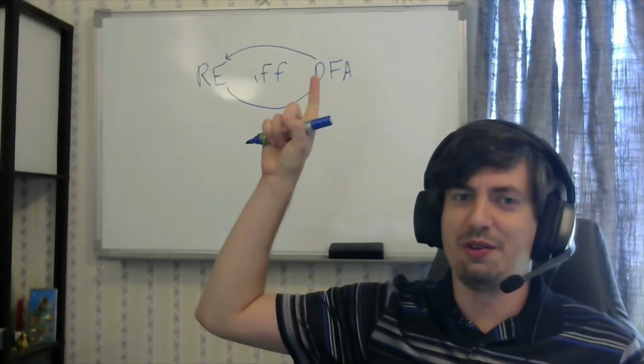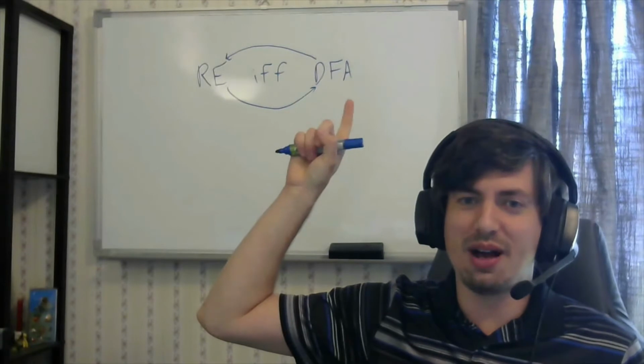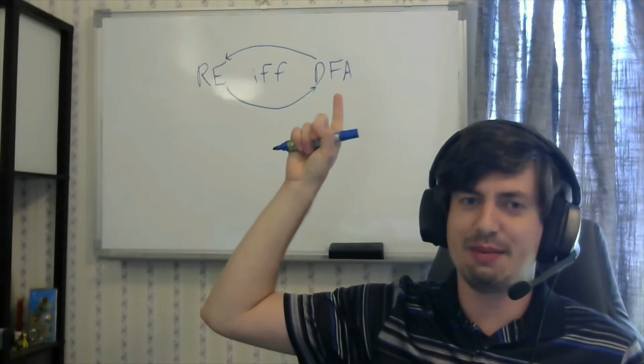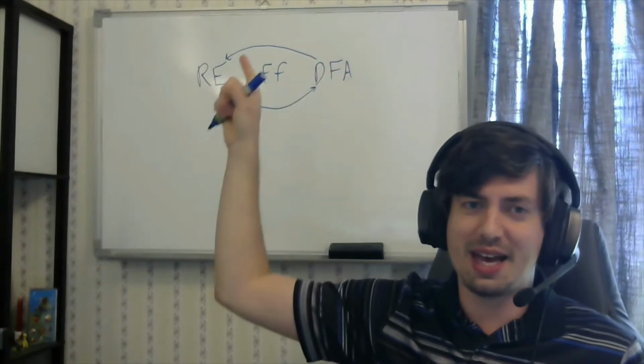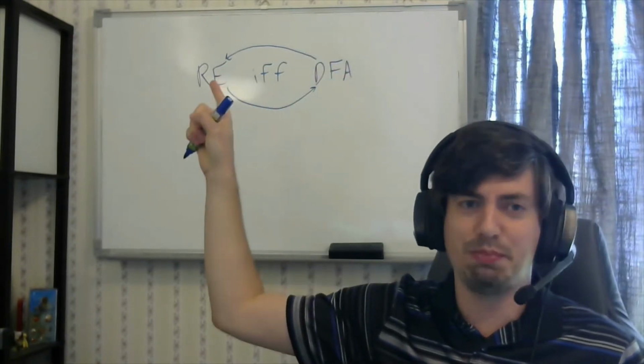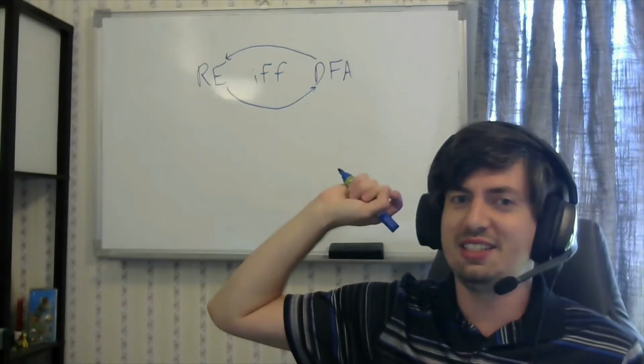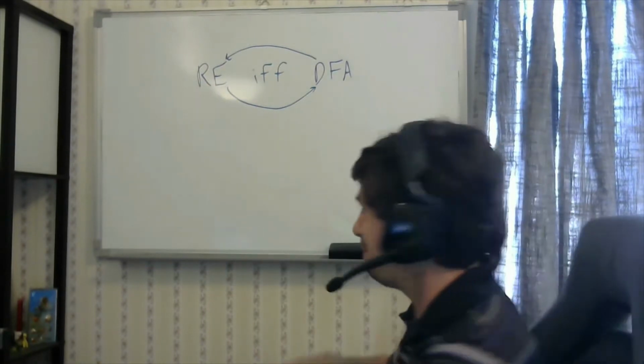The upper arrow, showing that any problem solvable or recognizable by a deterministic finite automata can be explained and expressed as a regular expression, is the subject of today's video.